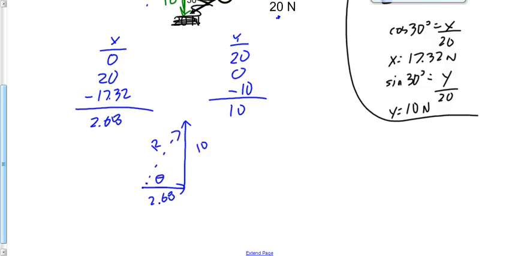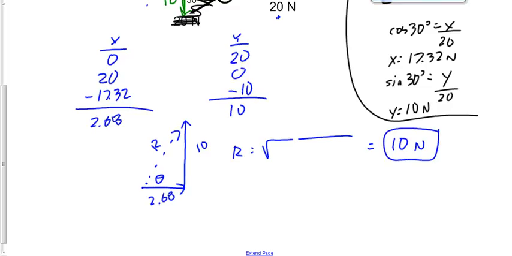Who's got the value of that resultant vector? Square root of 2.68 squared plus 10 squared. When we do the math there, it ends up being 10.35, which we're going to round to 2 digits, or 10 newtons. There we go. And the angle works out to be the inverse tan function of opposite over adjacent, 10 over 2.68.